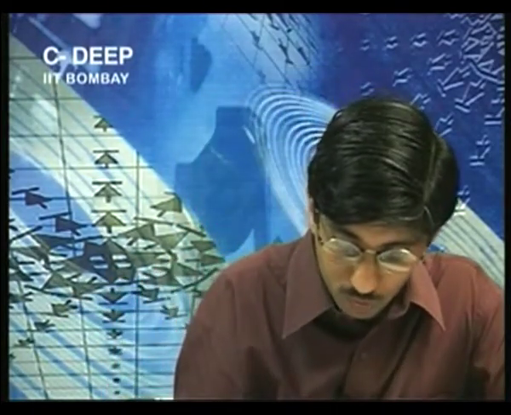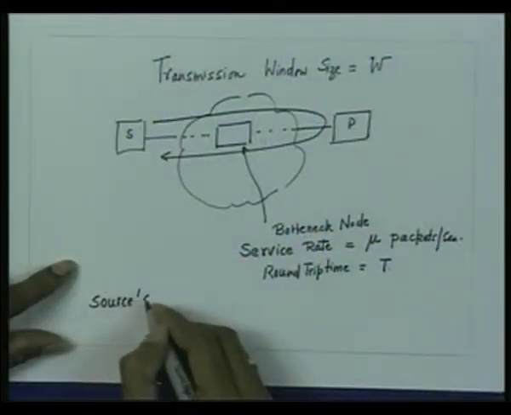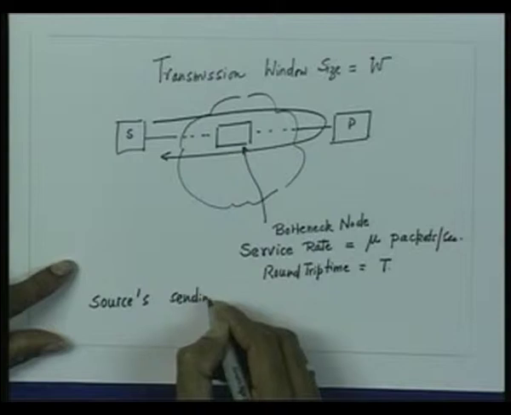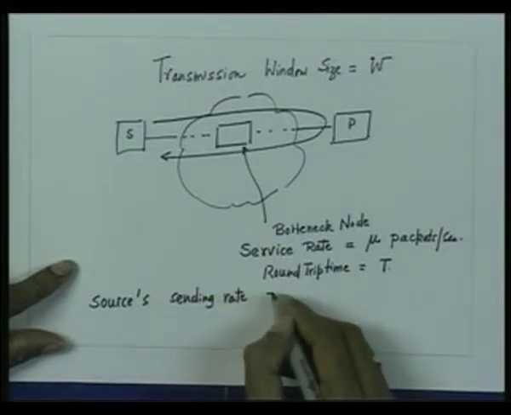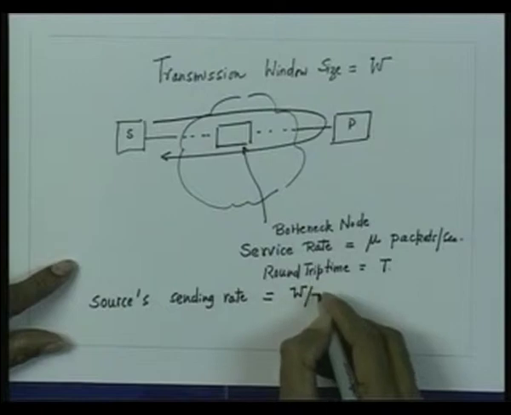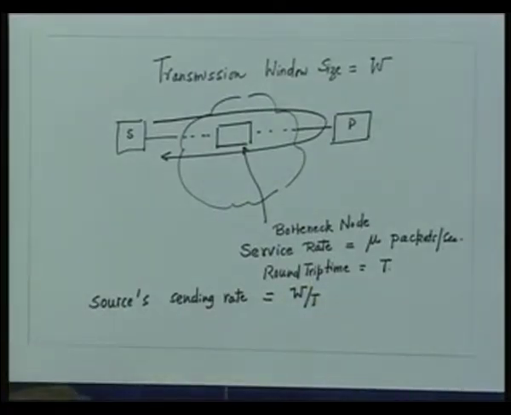If a packet is sent from the source to the destination and the acknowledgement comes back, that much time is the capital T. Therefore the source sending rate is equal to W by T. The window size is W, the round trip time is T, so the source sending rate will be W by T. Now, in order to keep the bottleneck link fully utilized, W by T has to be greater than or equal to mu.